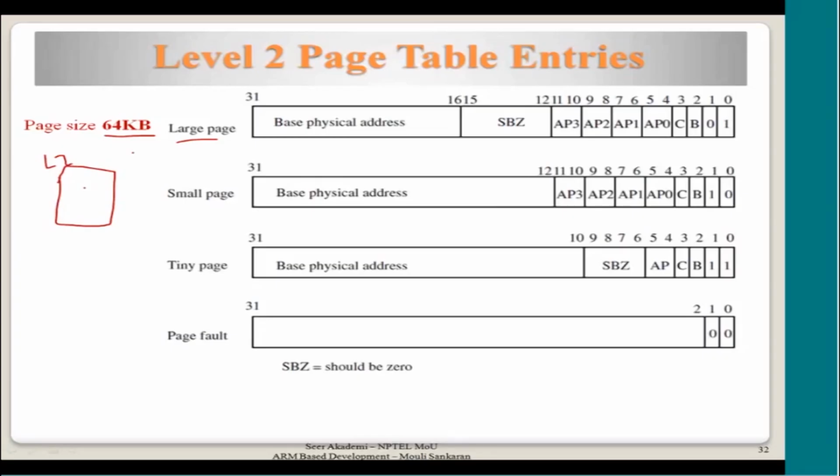For that 64 KB page size, you need to keep 16 bits, not needed, only the higher values. So we will use this physical address to access that particular page. Once the 64 KB page is accessed, the access permissions are given here. They are given four different access permissions within that 64 KB.